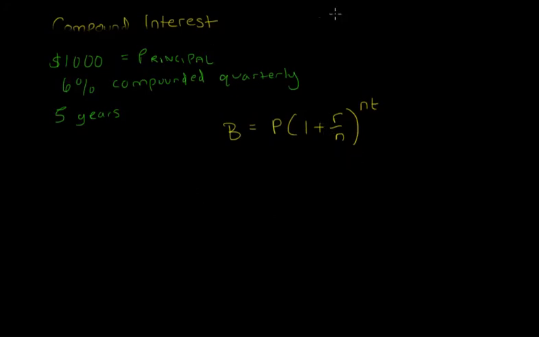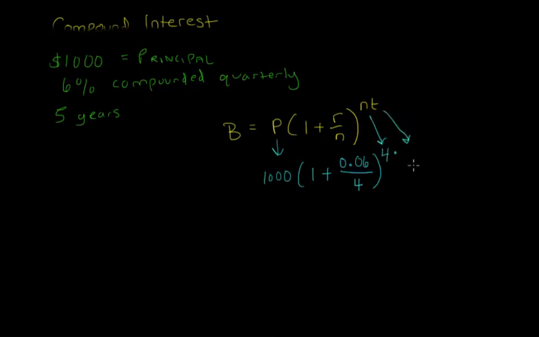So $1,000 is the principal, so let's replace P with 1,000. 1 plus the rate, which is 6%, so that would be 0.06 divided by, well, what's N? It's compounded quarterly, and N is the number of interest periods. So if it's compounded quarterly, that's 4 times a year. So N would be 4, and that N would be 4 as well.